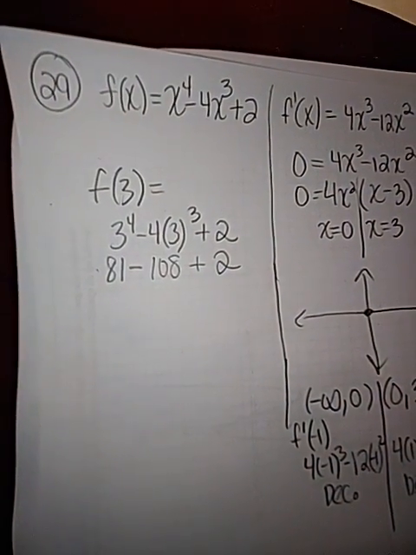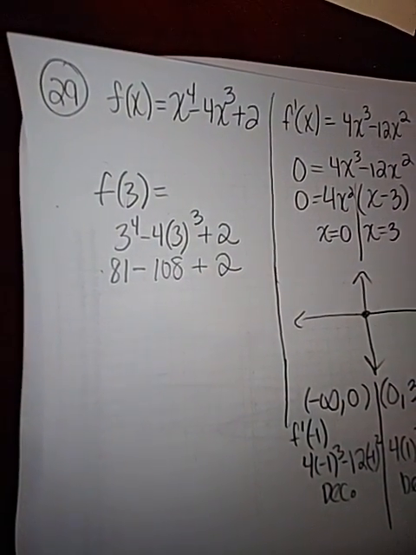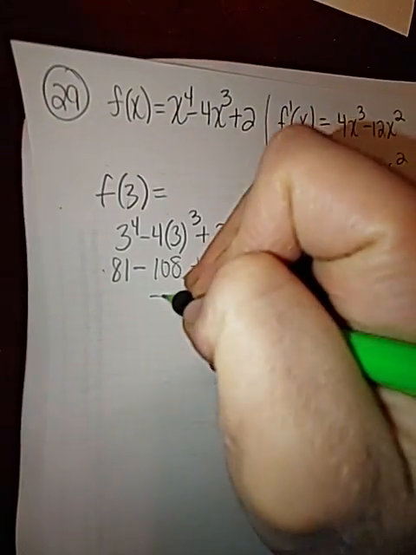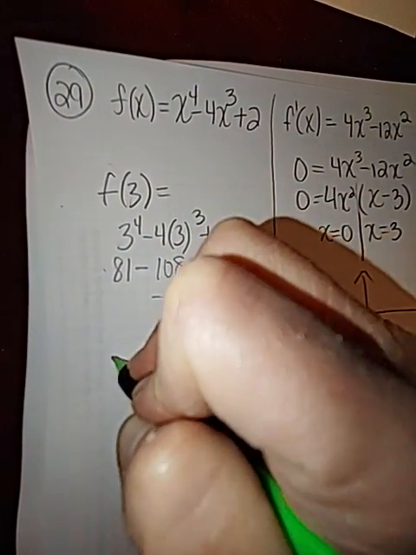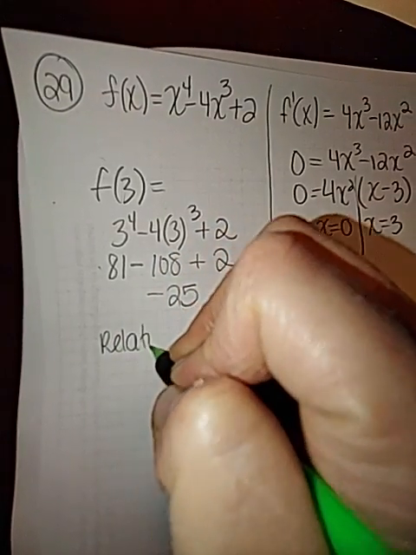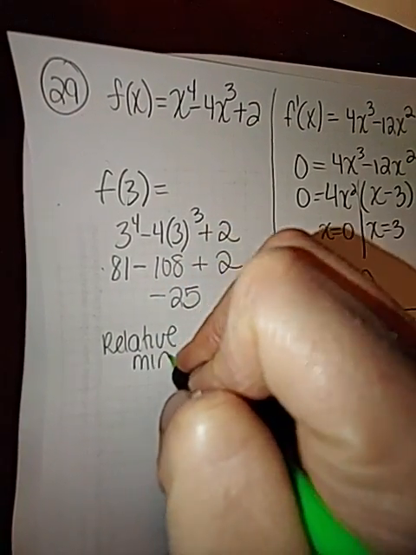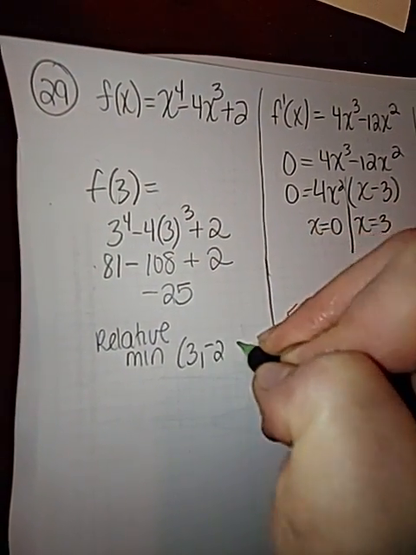So I have 81 minus 108 plus 2, which gives me negative 25. So my relative minimum is (3, negative 25).